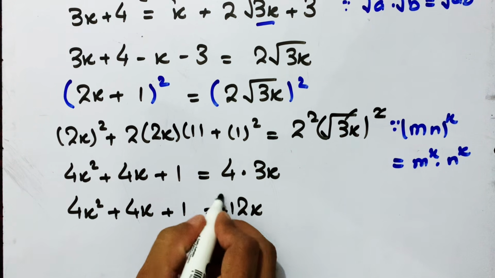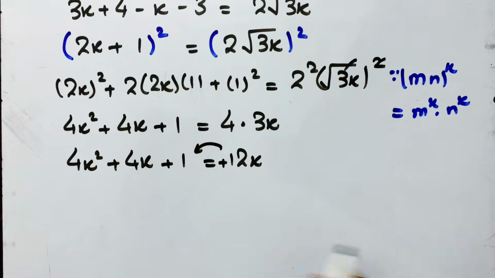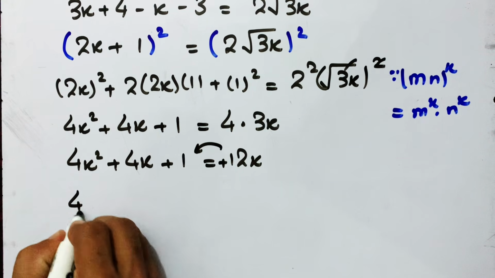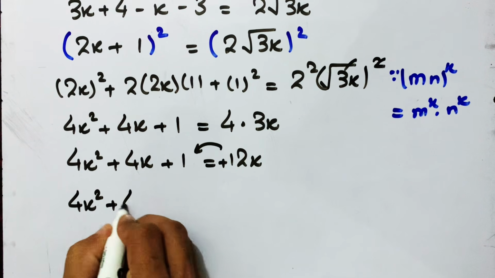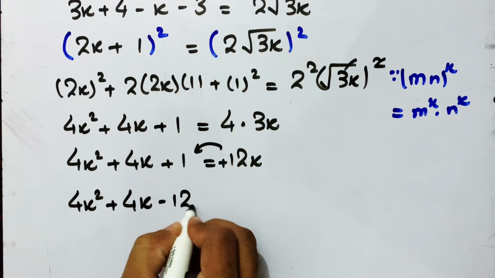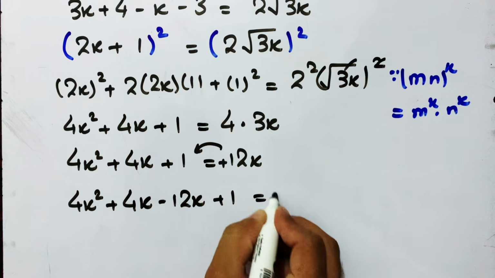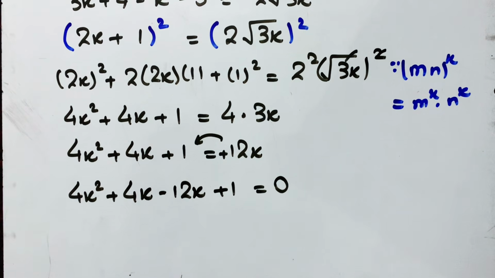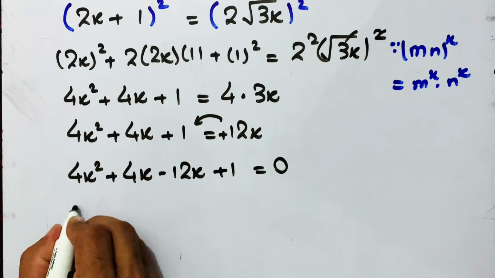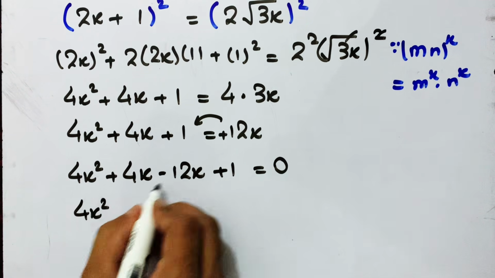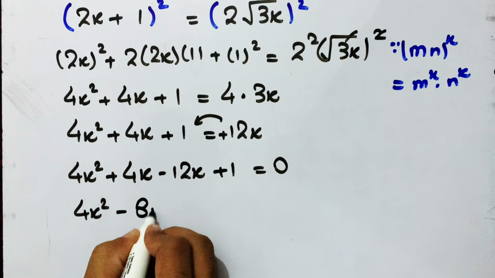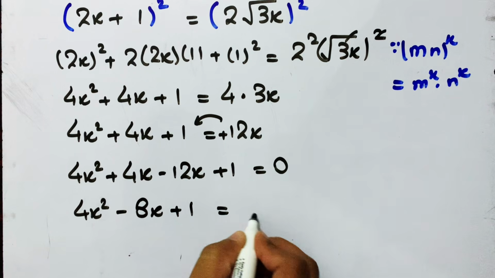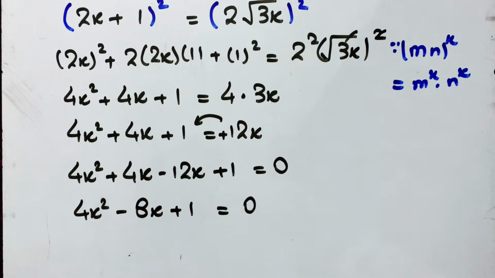This term is positive, so it goes to the opposite side and becomes negative. The equation will be 4x square plus 4x minus 12x plus 1 equals 0. So our equation is 4x square minus 8x plus 1 equals 0.